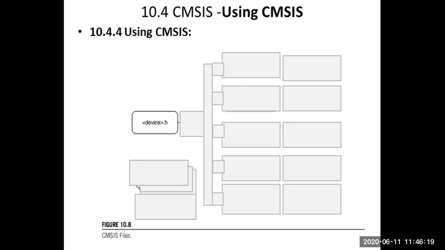Less than and greater than together are called angle brackets. Within the angle brackets, we need to mention the target device, device.h. This header file consists of different files. Along with this header file, there will be different startup code for different toolchains.